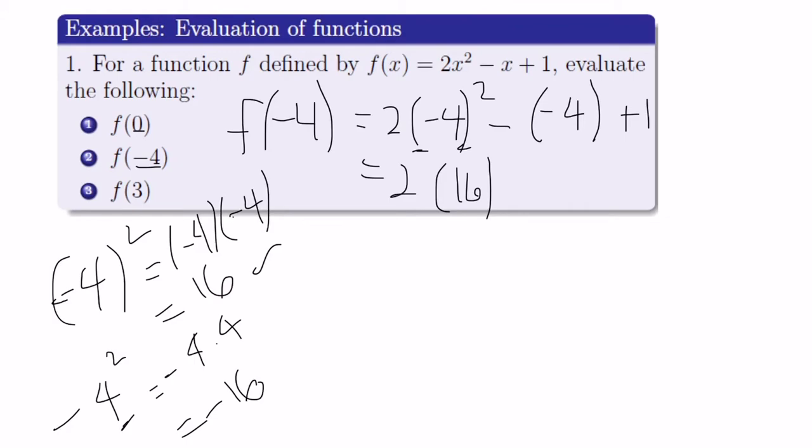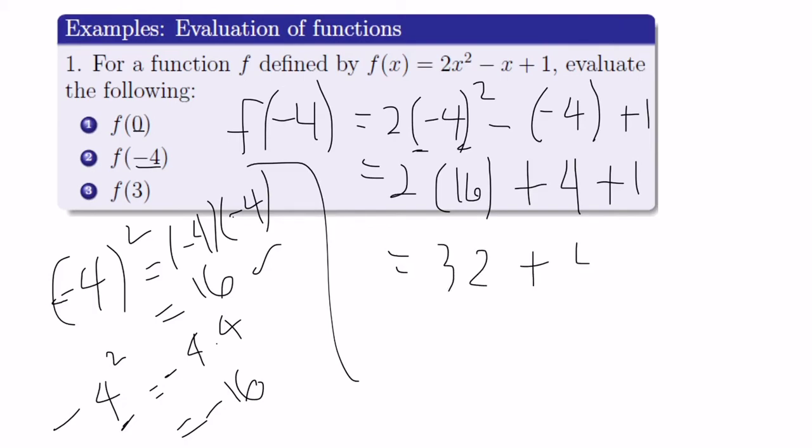Next, we have minus minus, so this will become plus 4 plus 1. So this will become 32 plus 5 or 37. So f at negative 4 is equal to 37.